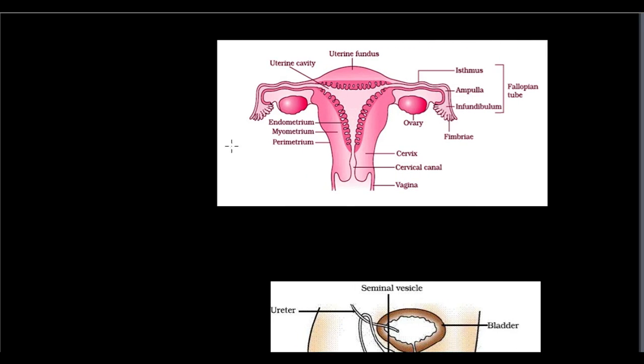Let's now look at the parts of the human reproductive system, both male and female. First of all, I'm going to take up the female reproductive system. So this is the female reproductive system. You can see that we have the vagina, that is the opening.